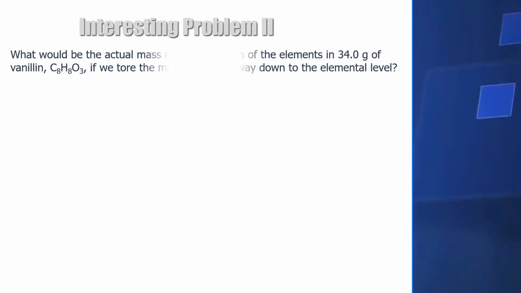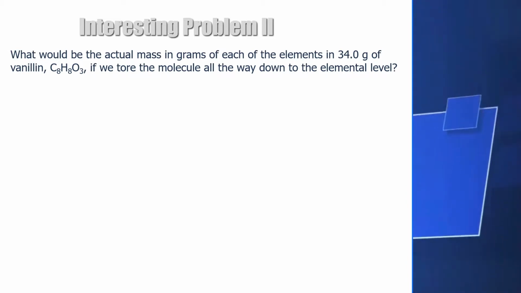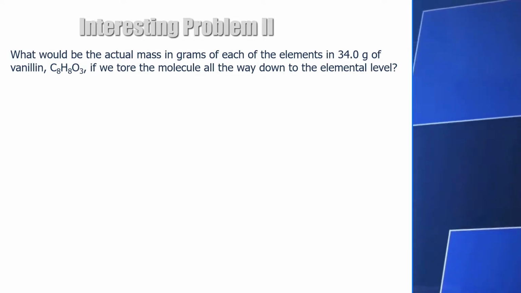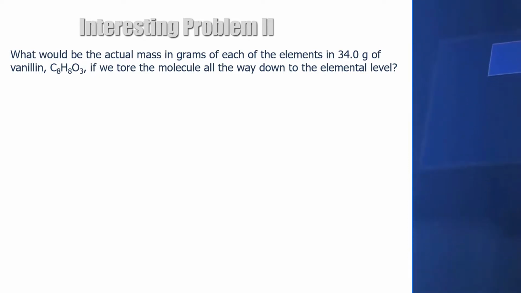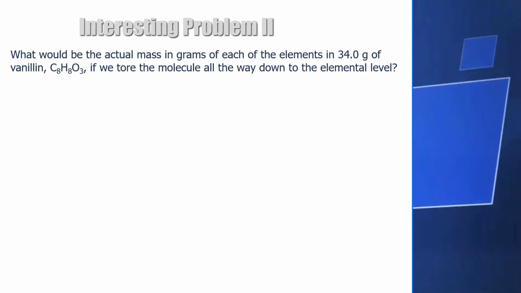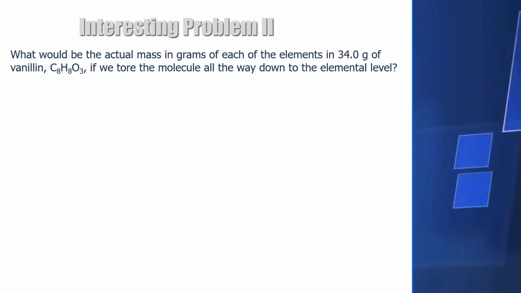Using the molecule in the previous example, what would be the actual mass in grams of each of the elements in 34.0 grams of vanillin if we tore the molecule all the way down to the elemental level? We're going to be starting with 34.0 grams of vanillin, and we want to get to grams of each element.